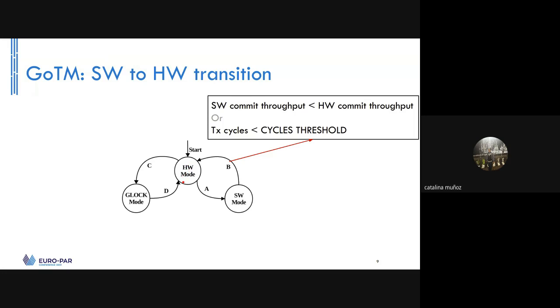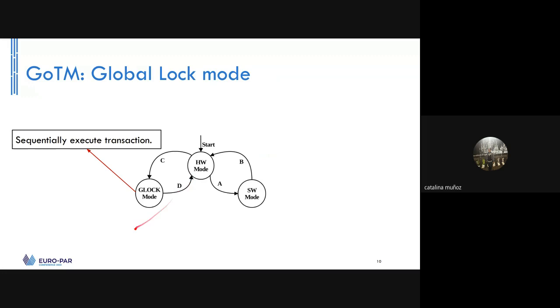Finally, the third execution mode is sequential execution. This is particularly for the transactions that show persistent conflict.